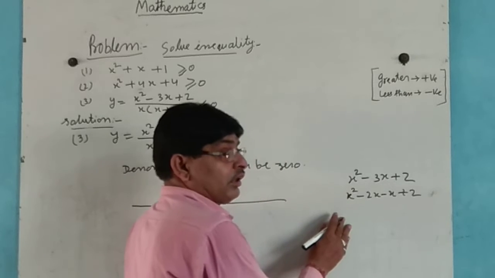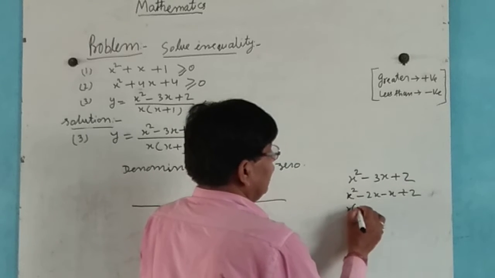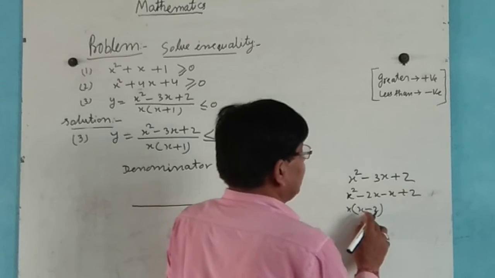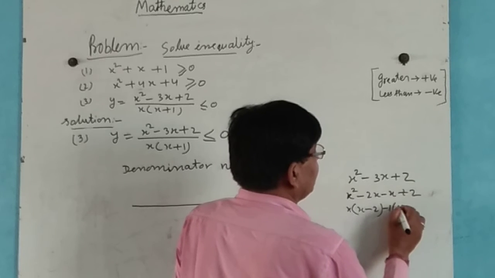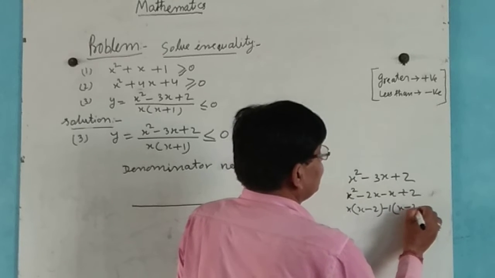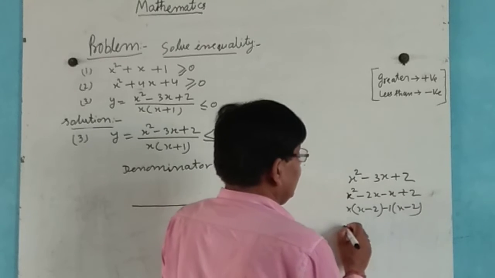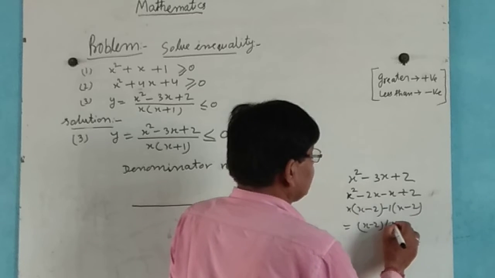Now we take x common from the first two terms: x(x − 2), and from the last two terms we take −1 common: −1(x − 2). If you multiply, this is minus and this is positive, so (x − 2)(x − 1).